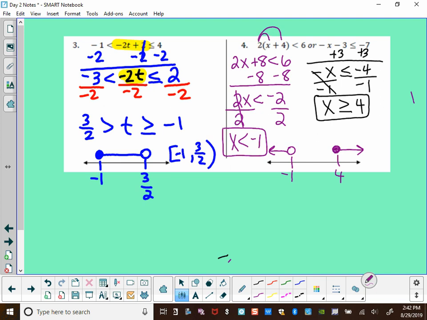Alright, so you should have parentheses, negative infinity to negative 1, parentheses, union, which means my graph still keeps going, bracket 4 to positive infinity. That 4 is a closed dot, so it gets a bracket.